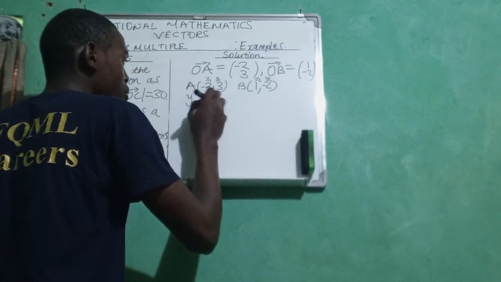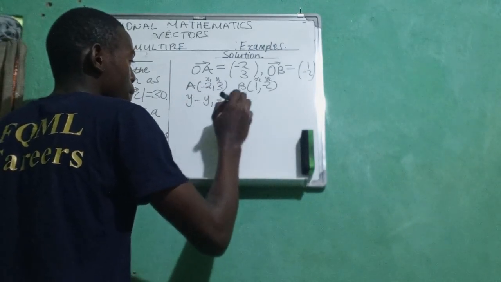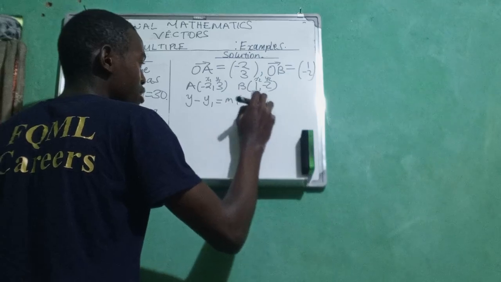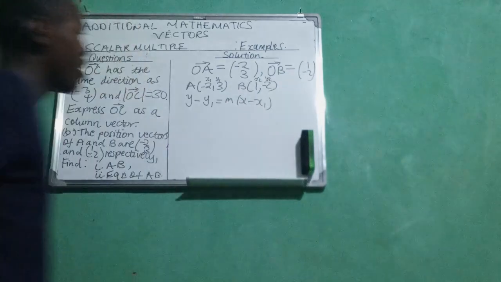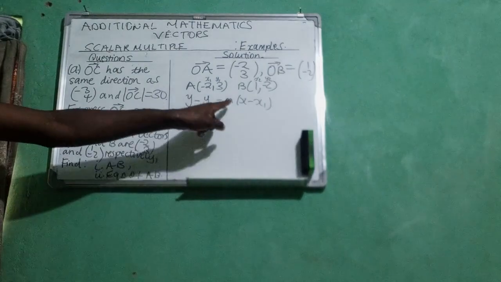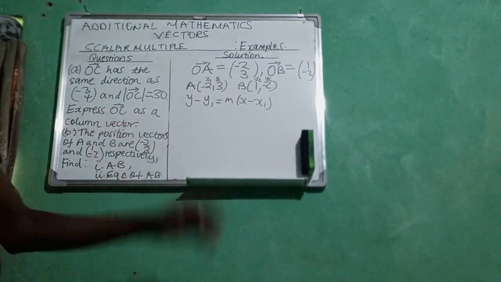y minus y1 is equal to m, x minus x1. Why have I done this? As we are looking for our m, we'll also be solving the equation.